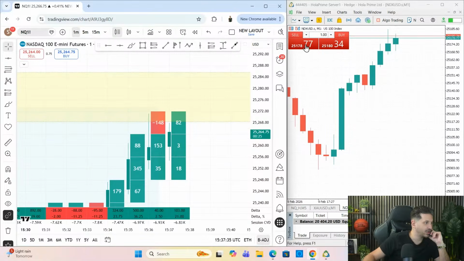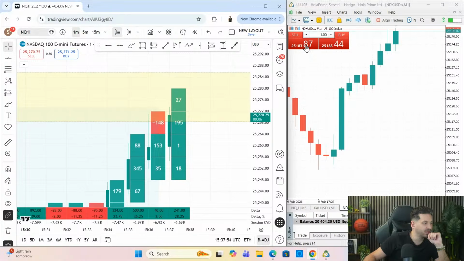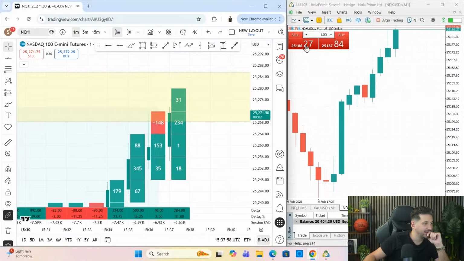82, 71. I got my finger on sell just in case. 68, 56, 80. Buyers, I keep reloading. They're still... It's not terrible. I can see absorption, but I'm just waiting for the sell pressure to come in. 200.